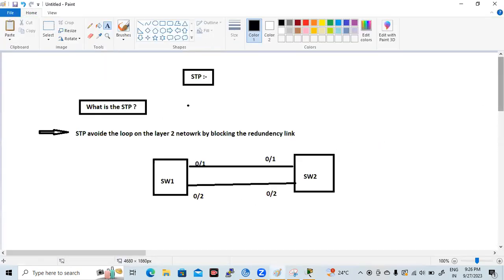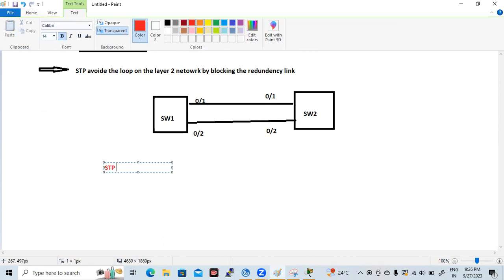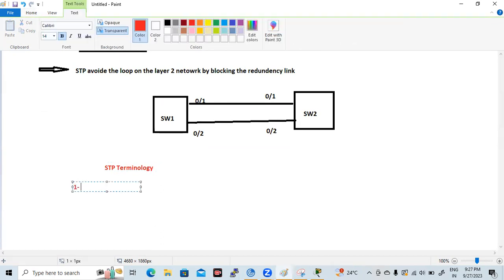Before going to understand spanning tree, first we need to understand the STP terminology. In STP terminology, we have four things. Number one, the root bridge.